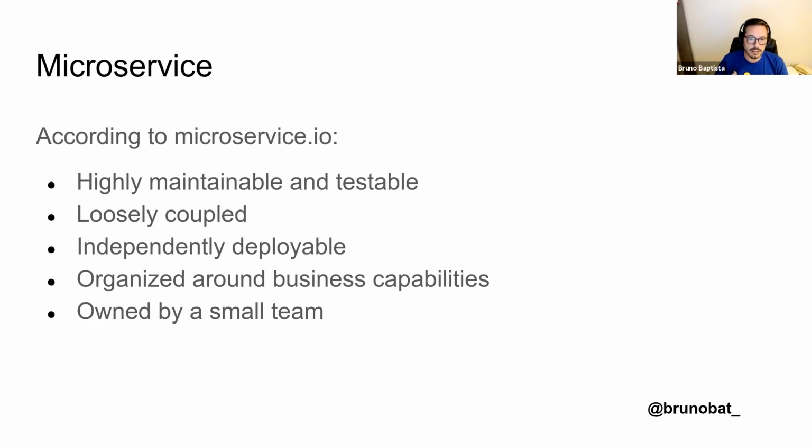And organized around service capability. So here, hence the domain. And it's owned by a small team. And here enters the size of the service, because it is really the amount of code that a small team can develop inside a repository.